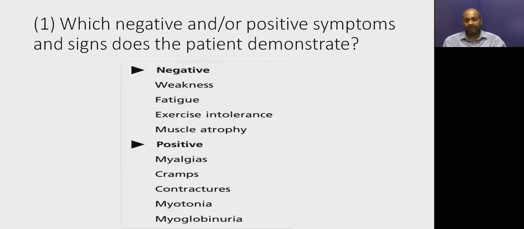Negative symptoms are weakness, fatigue or exercise intolerance, and atrophy. They can also present with positive symptoms like myalgia, cramp, contracture, myotonia, and myoglobinuria. In each case, we have to ask for these things.